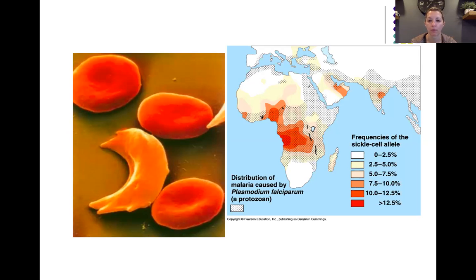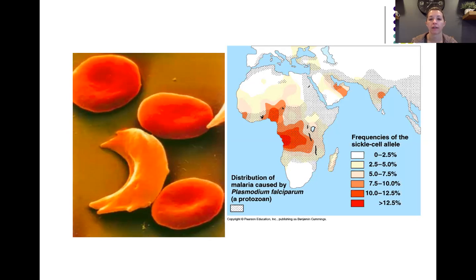So people who are heterozygous actually are at an advantage, because if you have sickle cell anemia, meaning that you have both copies of the sickle allele, you will eventually not survive because of the sickle cell disease. If you are homozygous dominant, meaning that you have both of the normal hemoglobin alleles, you have a much higher chance of getting malaria and dying from malaria.